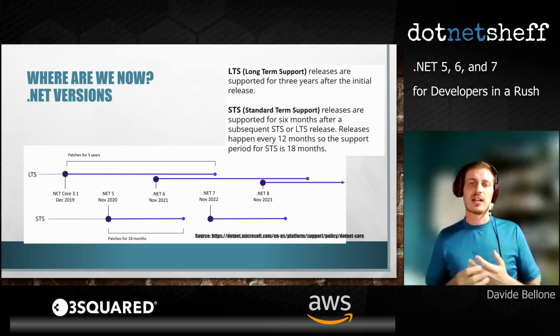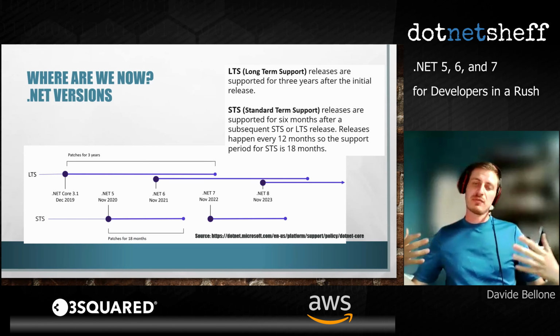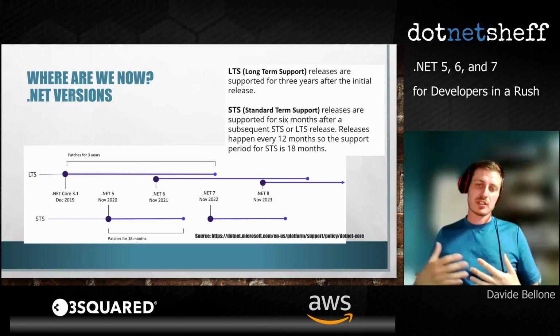We have some previews on what will be released in the new version. But in this session, we will mainly focus on what has been released with .NET 5, 6, and 7, just to know and to update your current code base if necessary.